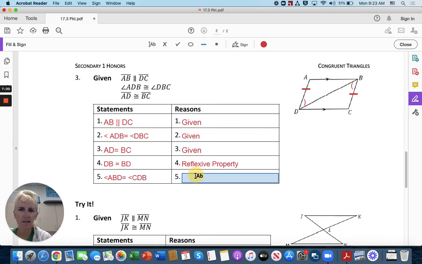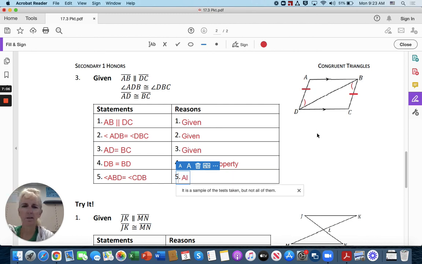And why is that? Well, we know with parallel lines, alternate interior angles are congruent. So we put alternate interior angles. That's just called the rule, alternate interior angles. Maybe I should spell it all out.